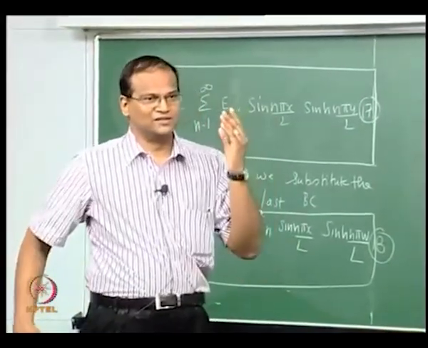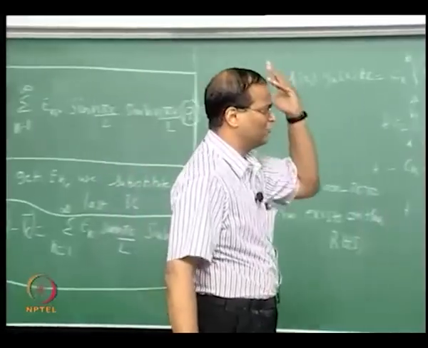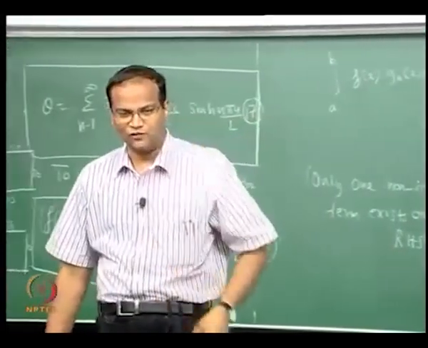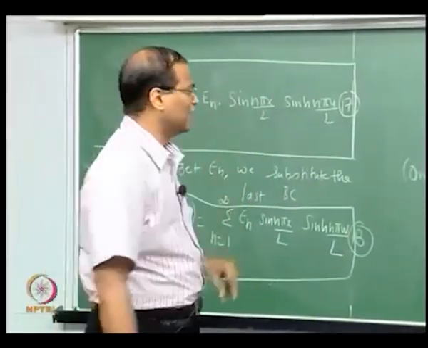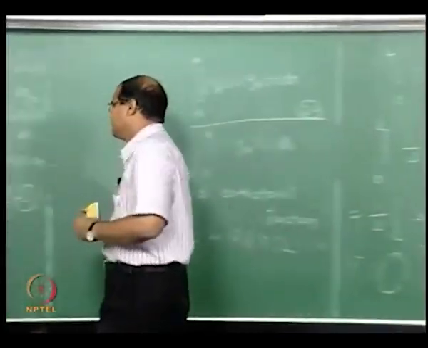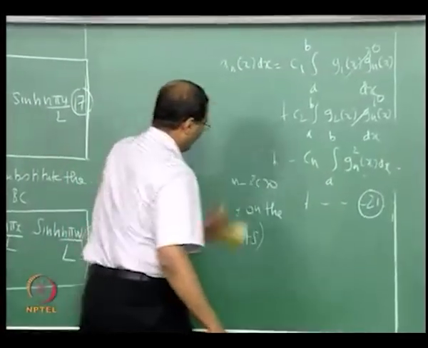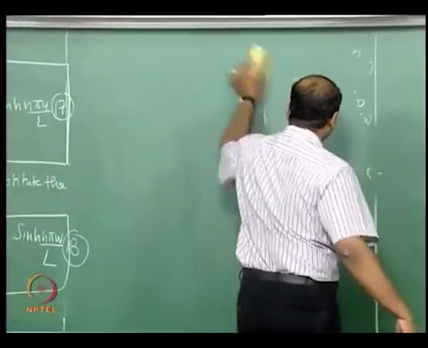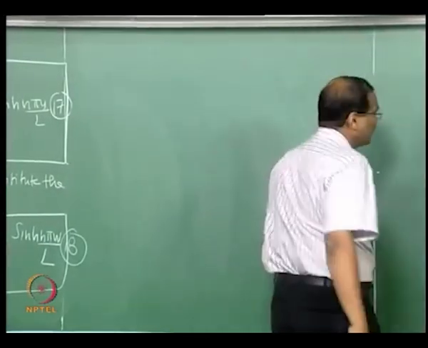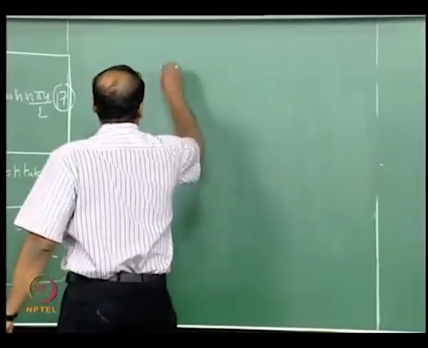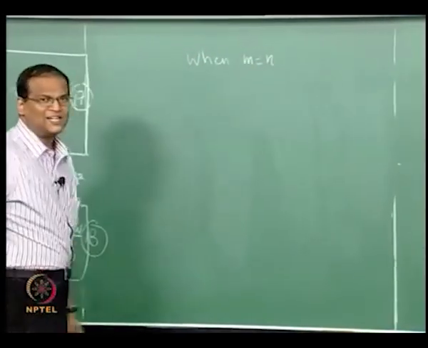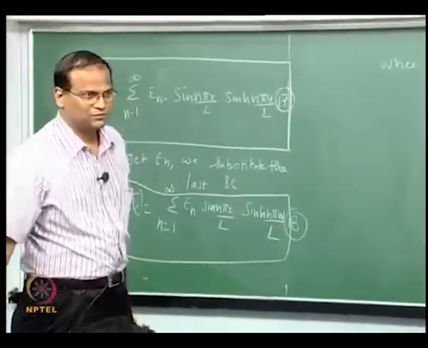So there are indeed functions represented by general g1 of x, g2 of x up to gm and gn of x, where the integral from a to b of gm of x into gn of x equals 0 for m not equal to n. When m equal to n, let us get rid of m, we use only n, okay.